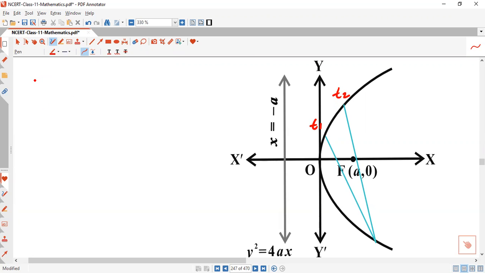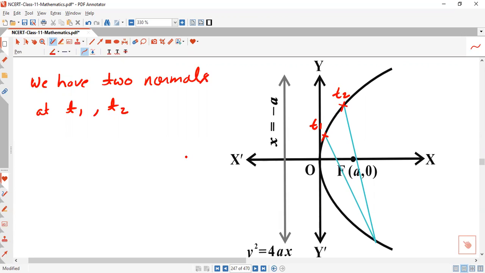And we have two normals, at T1 and T2. At these points of this parabola, we have two normals, T1 and T2, and these two normals meet each other again at the parabola.